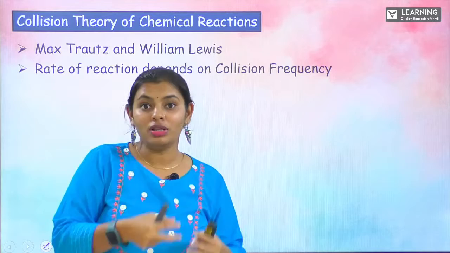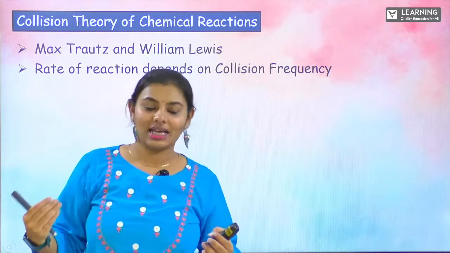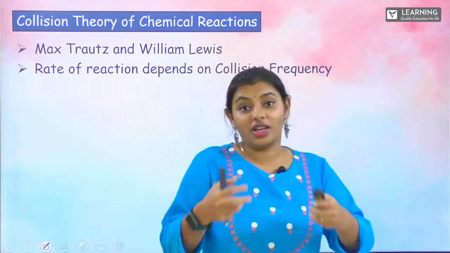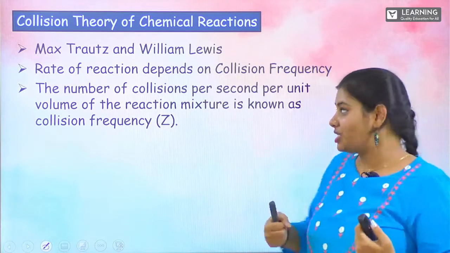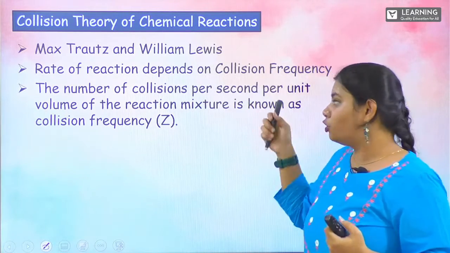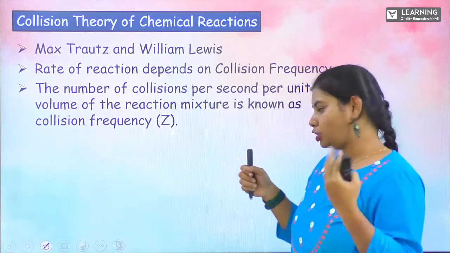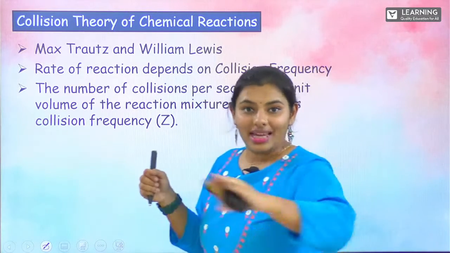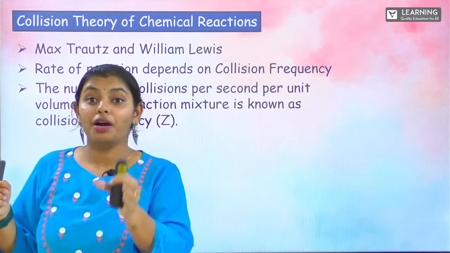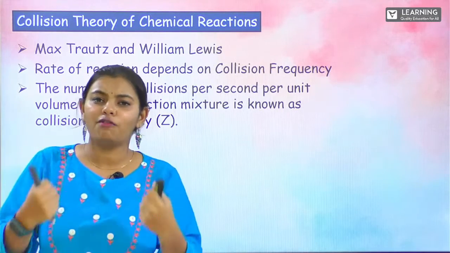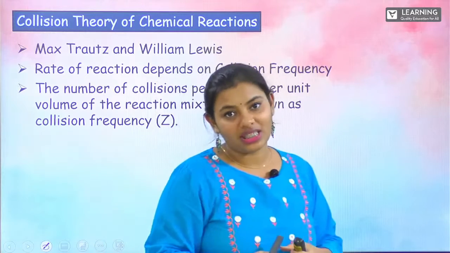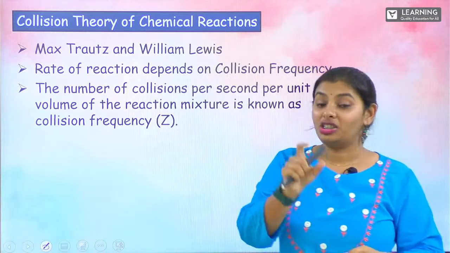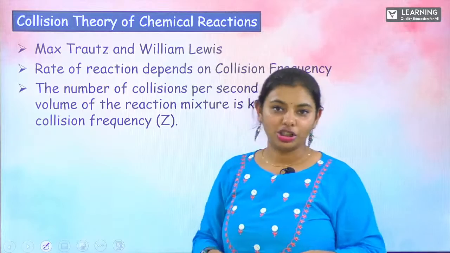So collision frequency is nothing but the number of proper collisions which take place per second per unit volume of the reaction mixture. So in the reaction mixture, per second per unit volume, how many effective collisions are taking place? This is known as collision frequency. So the rate of the reaction is actually dependent on the collision frequency.